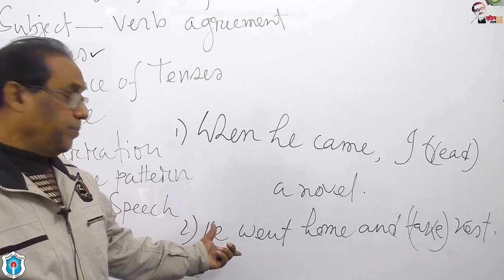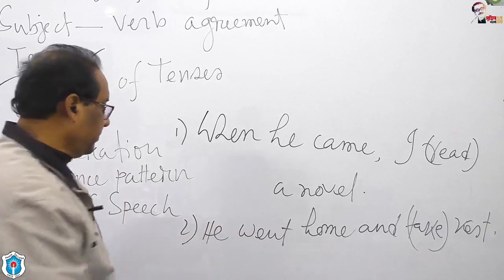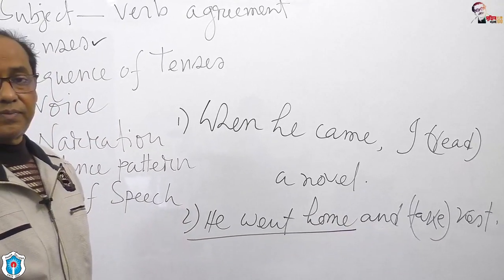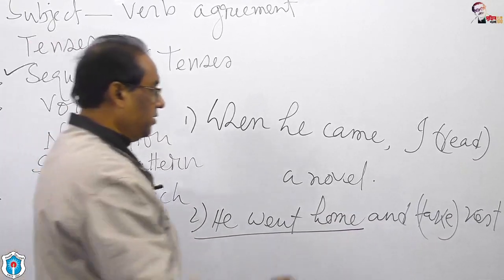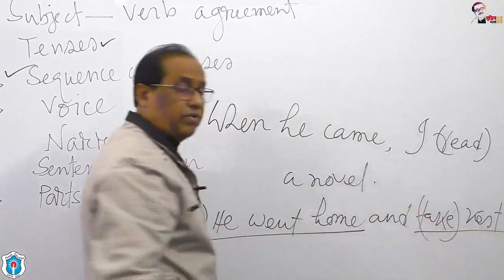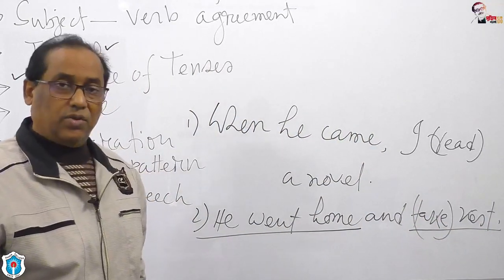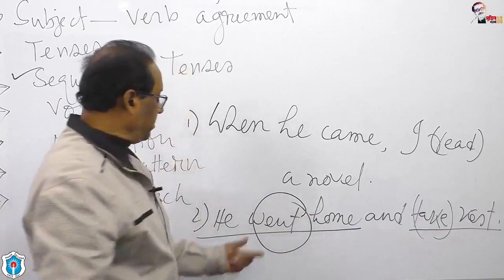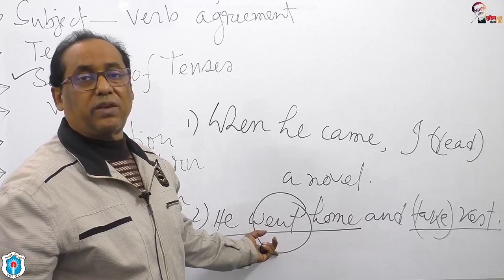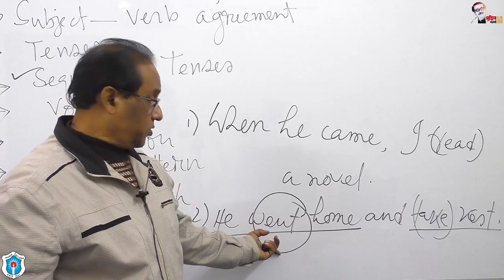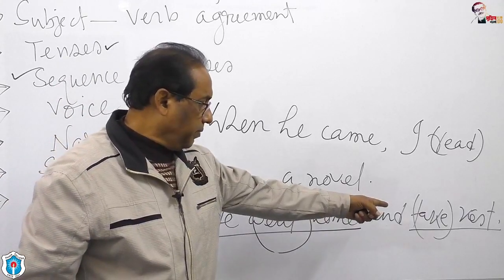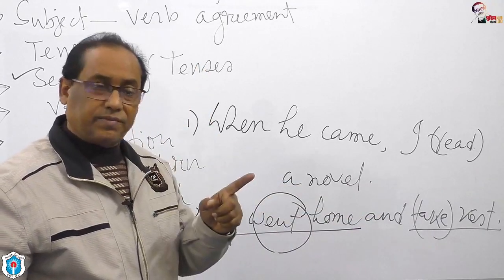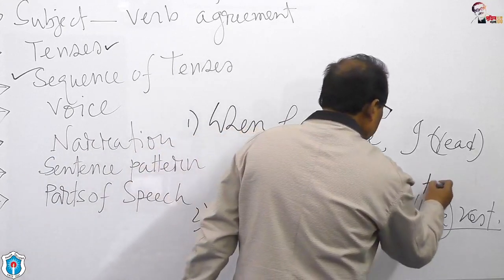At first, let me discuss the second one. He went home. This is a clause, coordinating clause. Take rest, it is another clause. Okay, the first verb is went. It is simple past or past indefinite tense. So the verb take should be also past, that is took.